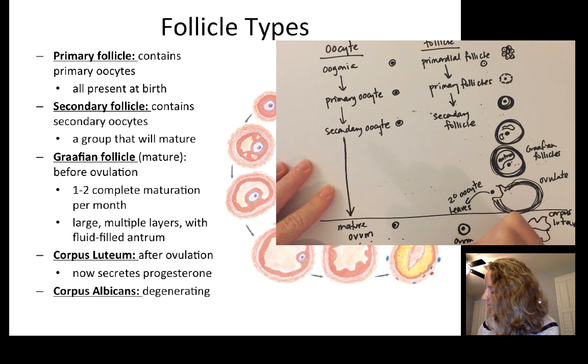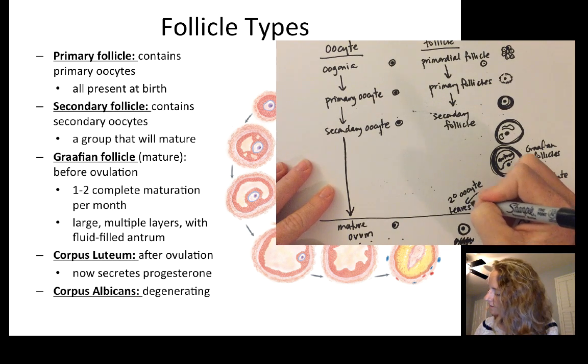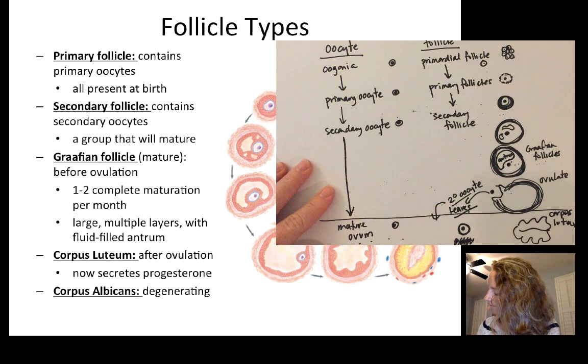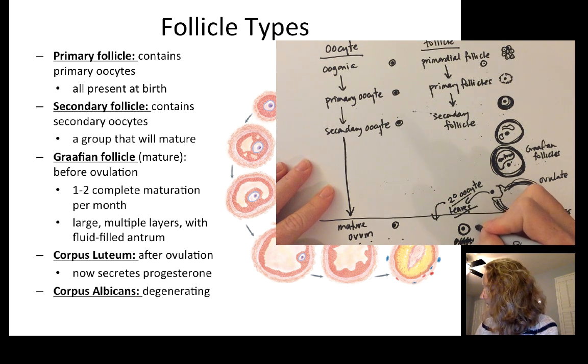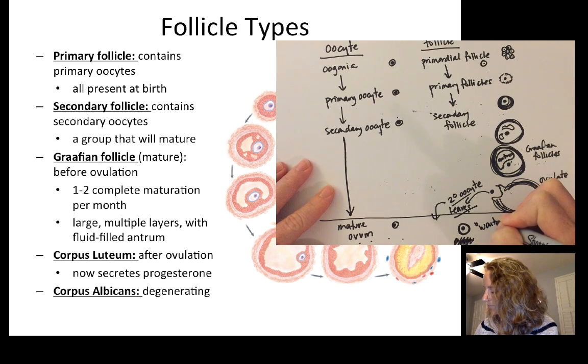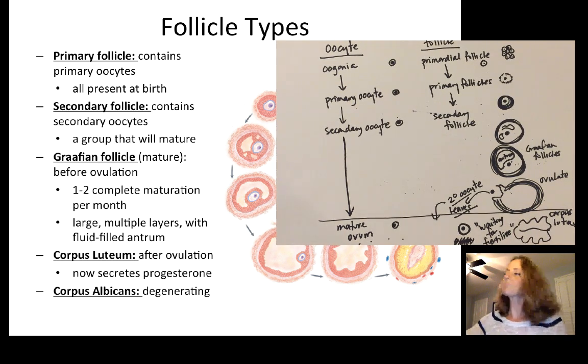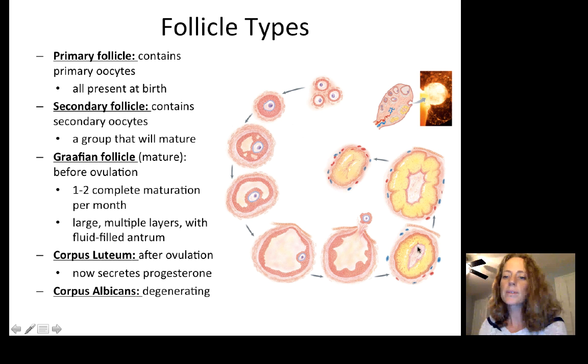So this is an ovum, this is a secondary oocyte waiting for fertilization, and a corpus luteum that is also waiting for fertilization. The corpus luteum is an important structure that secretes progesterone.